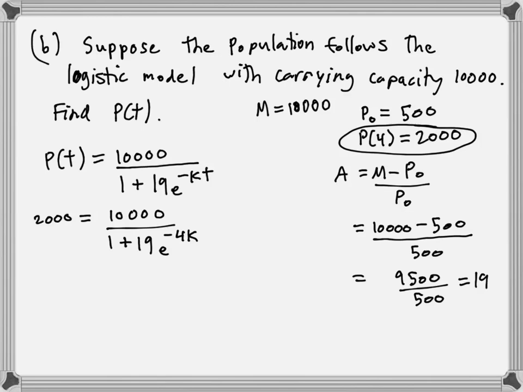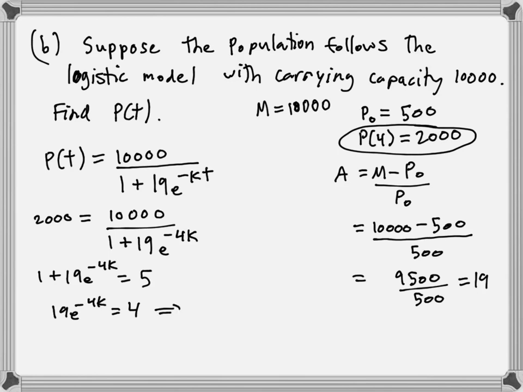So this is what we get, and if we can just manipulate here to solve for k, this means if we use cross multiplication that 1 plus 19 e to the negative 4k is equal to 10,000 over 2,000, which is 5, or subtract 1 from both sides, we get this.